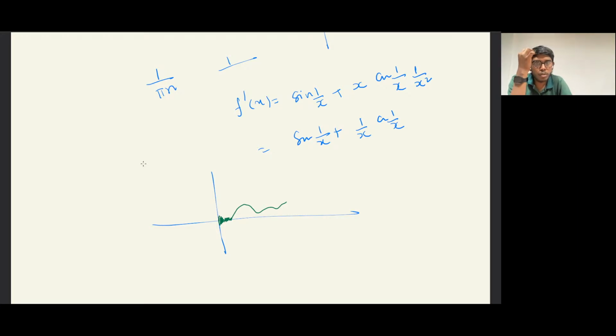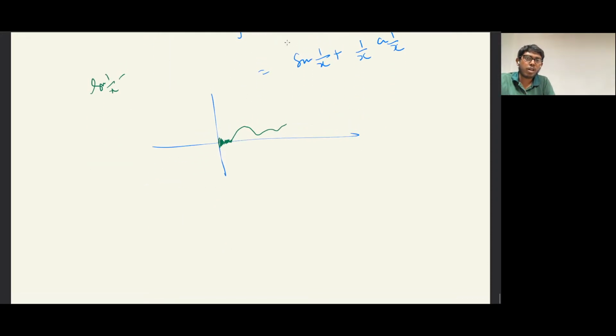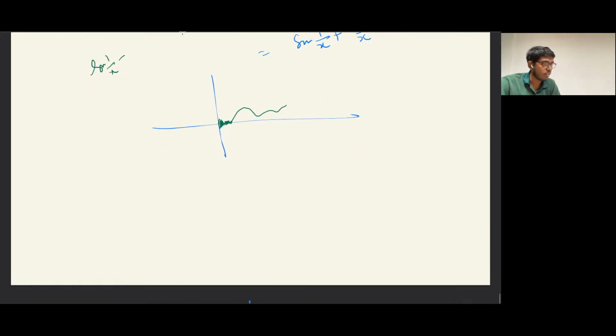So sine 1 by x minus cosine, but why will this function be there? Okay, let's try to prove that. If you have any thought, you can share with me, because you are right, sir. I guess that's uniformly continuous.